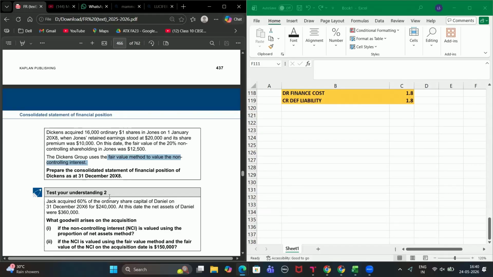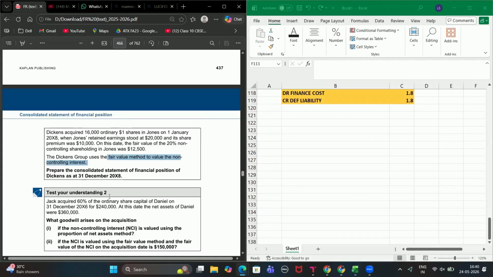In a fair value model, if we incur an impairment on this goodwill, will we recognize it fully? Yes or no?